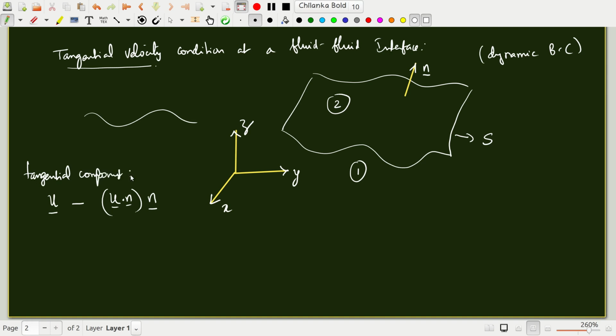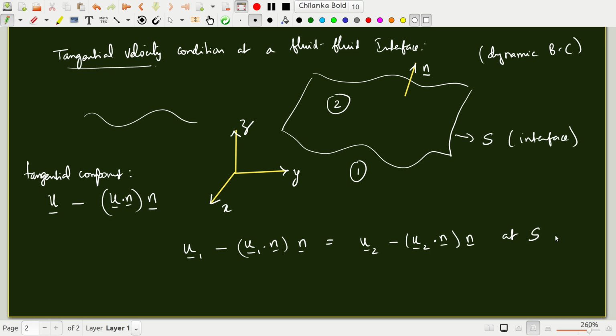So what we are going to write is that u1 minus u1 dot n times n is equal to u2 minus u2 dot n times n, at S. S represents the interface between the two fluids. So this is the equivalent of the no slip condition for fluid-fluid interfaces.